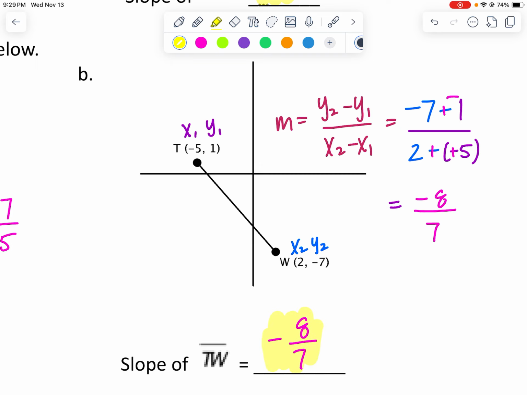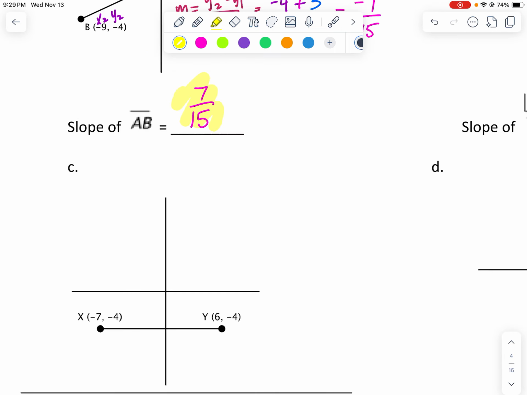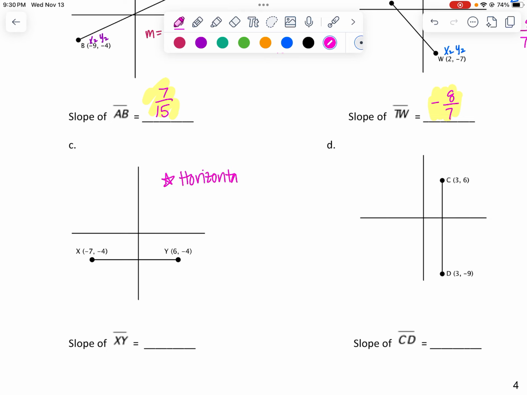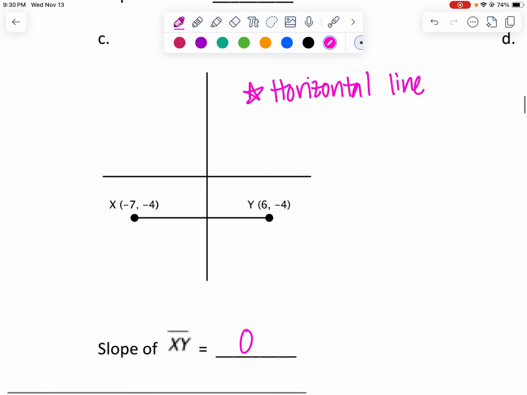Okay. Now, just by looking at part C and D, right, this is a horizontal line. And we know that the slope of a horizontal line is 0, but let's go ahead and double check. Okay, so this is going to be my x1, y1. Here's my x2, y2.